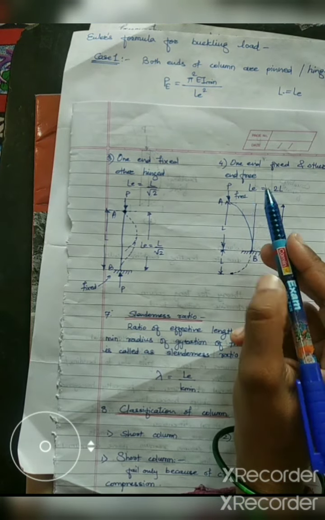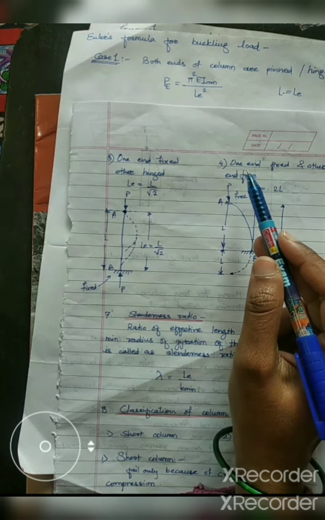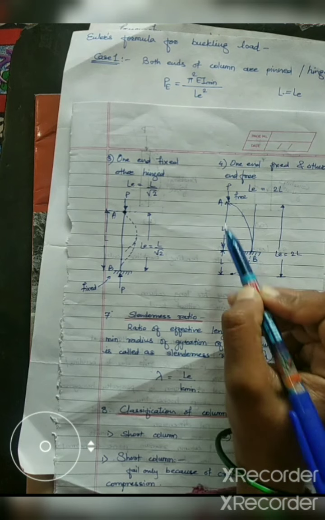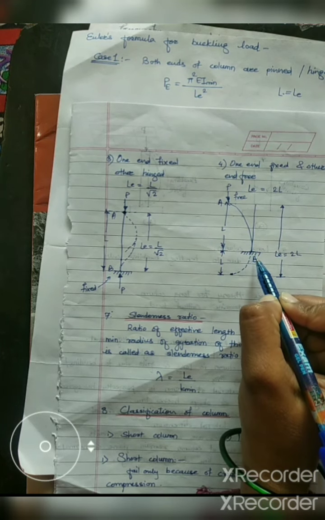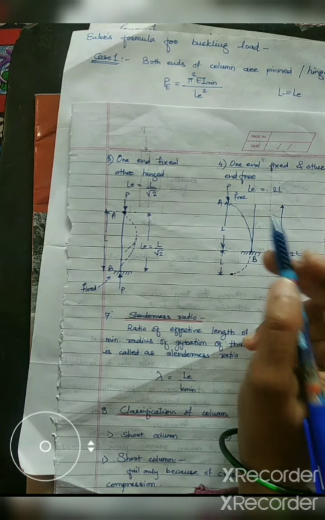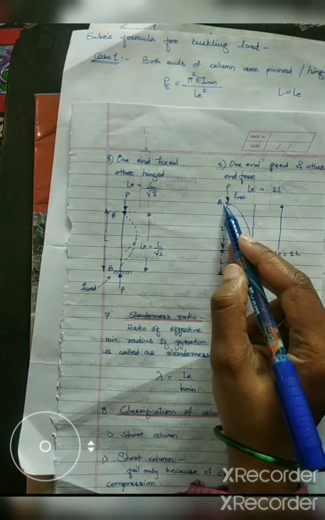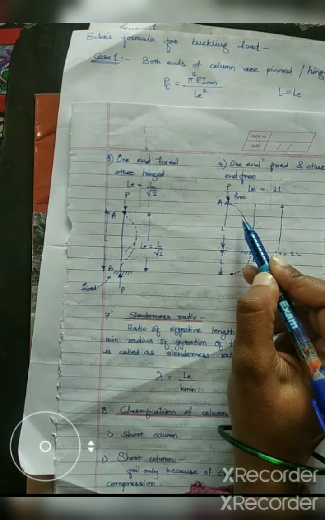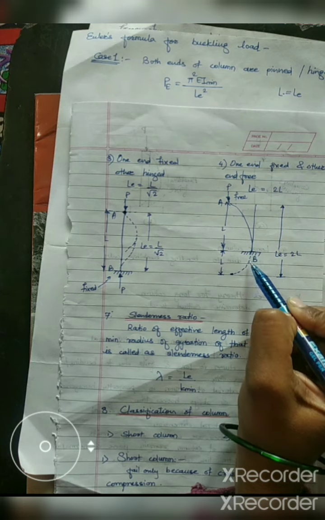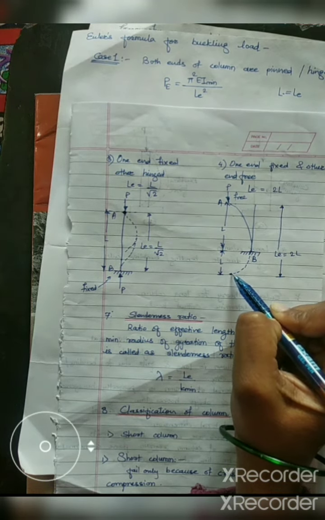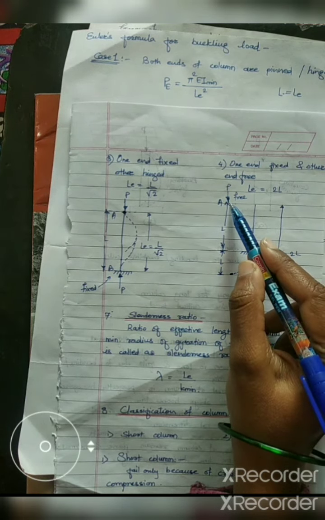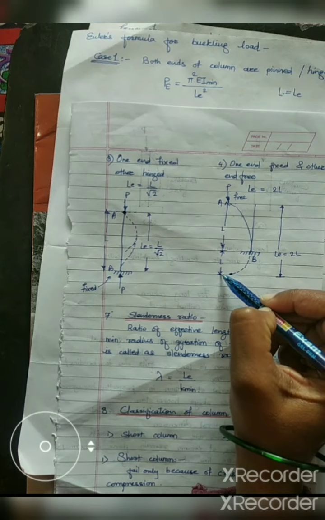The fourth condition is when your column has one end fixed and the other end free. Suppose this is the AB column, with one end B fixed. This is the original position, and after applying the compressive load at the free end, it will move like this, and this is the extended portion of the column. This one is your actual length and this one is your length after buckling.